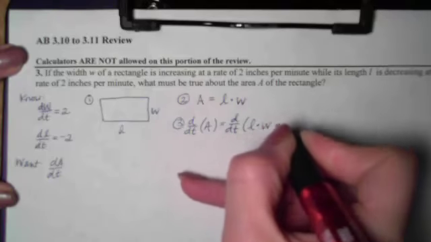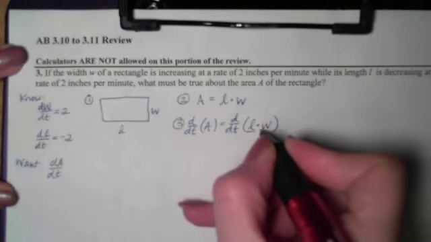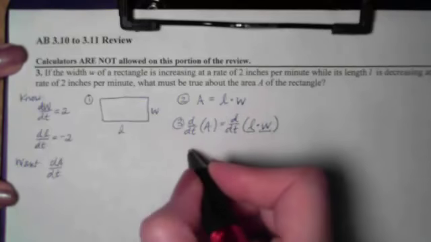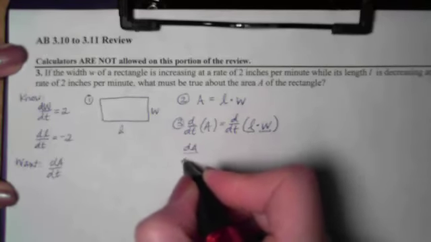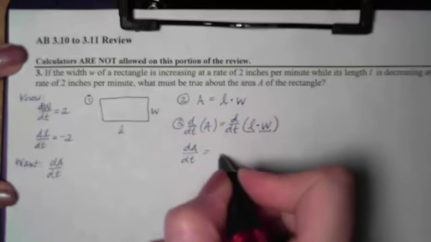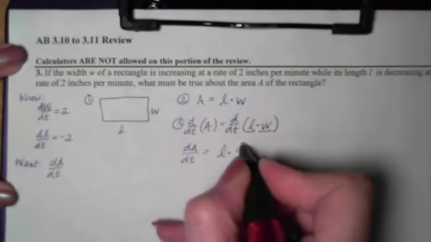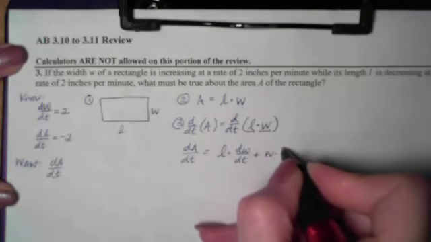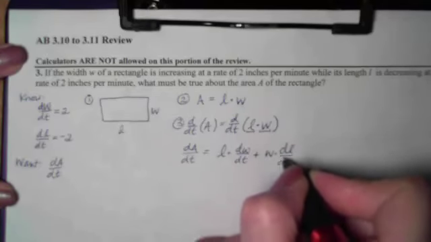And where people will mess up on this is they will neglect the product rule when they're taking the derivative of the right side. So if I take the derivative, I'll get dA/dt on the left, and on the right I will get the first one times the derivative of the second plus the second times the derivative of the first.